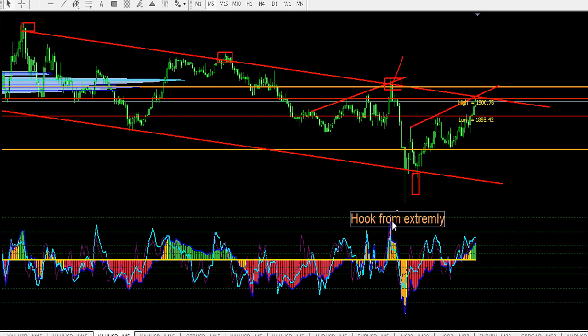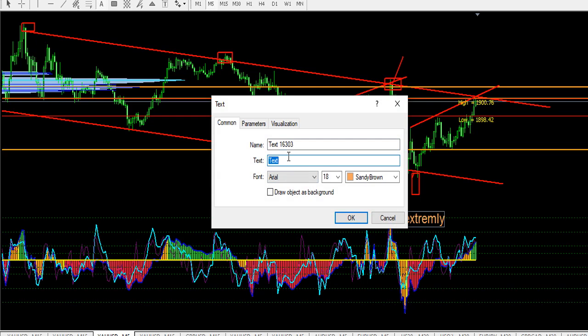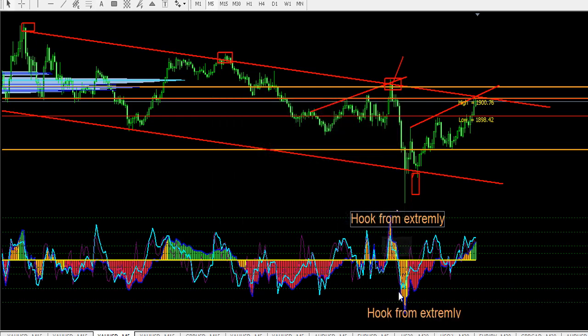It means that the Buddhist eye goes to test the 300 line, and this one also hooks from extreme, because it tests the 300 line. So when the price is here, if you sell here and the price comes here, you have to exit. Why? Because the market can come back again, because it is oversold. This one is also overbought, oversold, overbought. When it is overbought or oversold, the market will come back bullish. So it is very nice when you observe the markets like this.